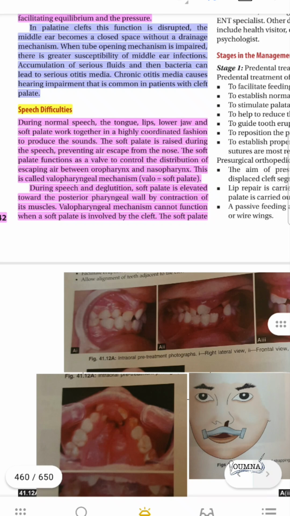So, the soft palate functions as a valve to control the distribution of the escaping air between the oropharynx and the nasopharynx, which means that it is lifted upward and posteriorly to close the oropharynx and only force the air to go to the nasopharynx only. So this is called the velopharyngeal mechanism, where the soft palate is elevated toward the posterior pharyngeal wall by contraction of its muscles.